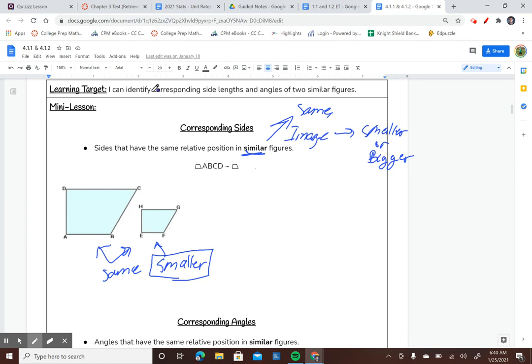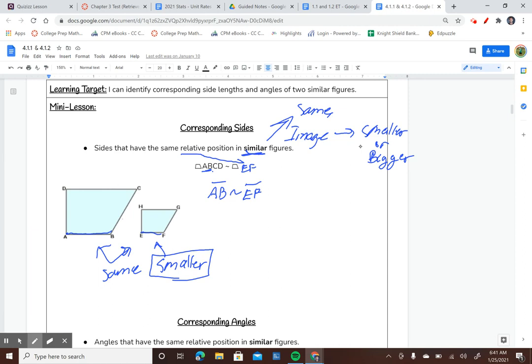So what we're going to take a look at is the relative position of the sides here. And so what I mean by that is if we take a look at side AB in the first quadrilateral, that would align with side EF in the second quadrilateral. So we could say side AB is similar to EF.